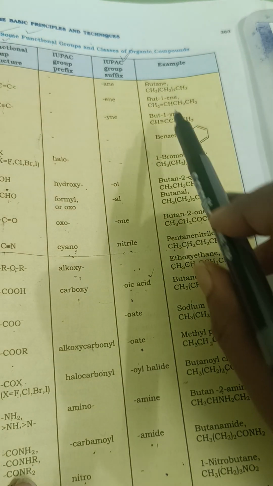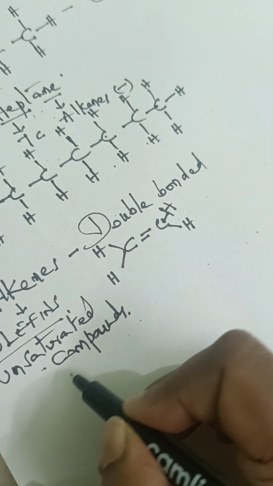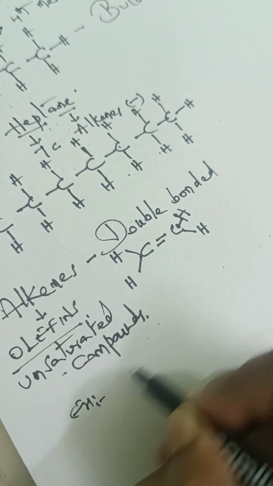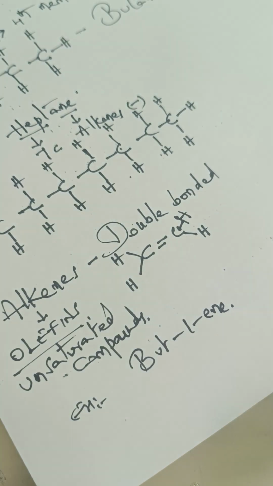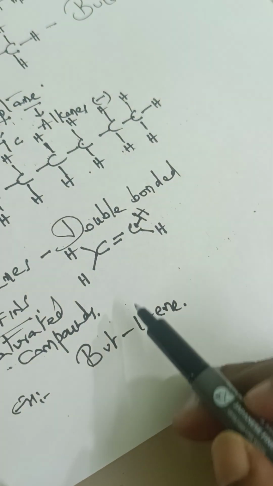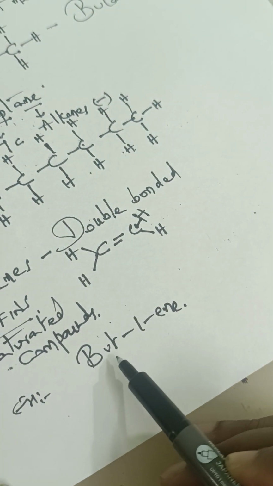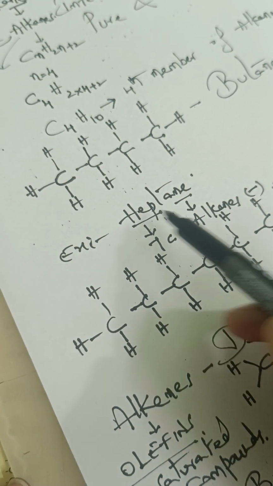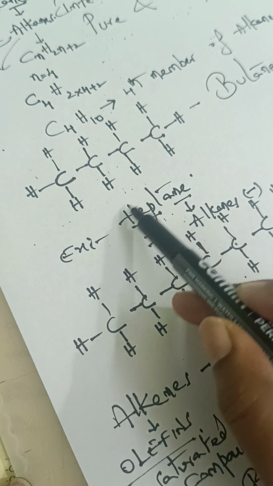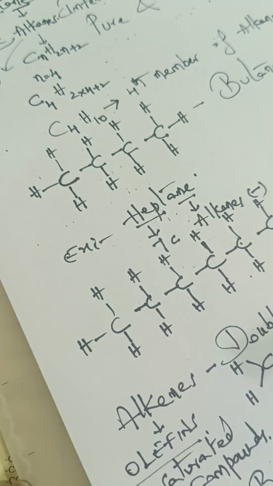Now going to the example, they have given but-1-ene. You can take any example. Here also first you see the parent chain. This will indicate the parent chain. Similarly, hepta, the parent chain will be 7.